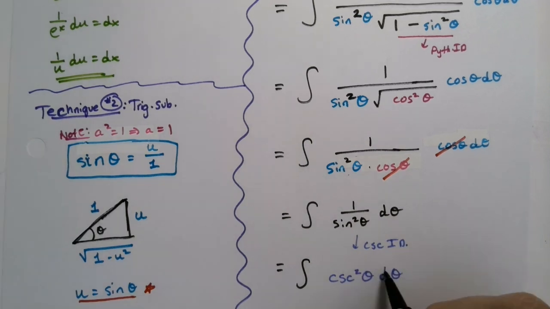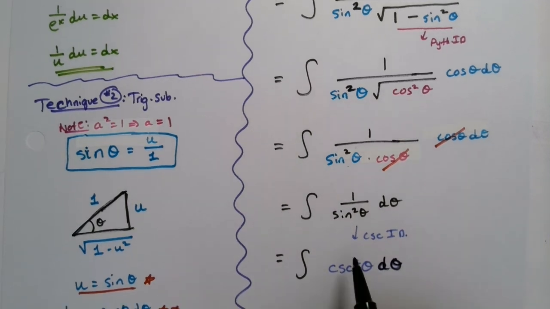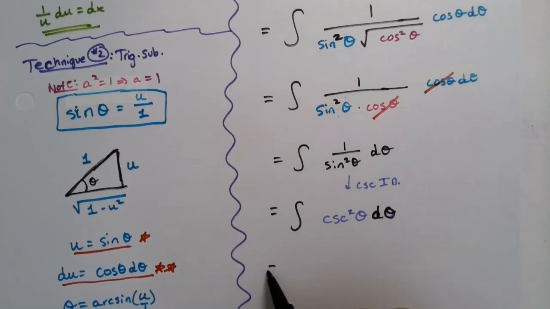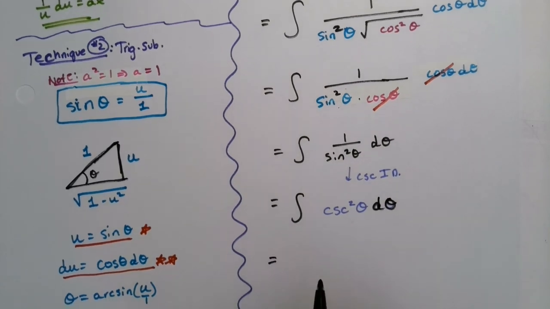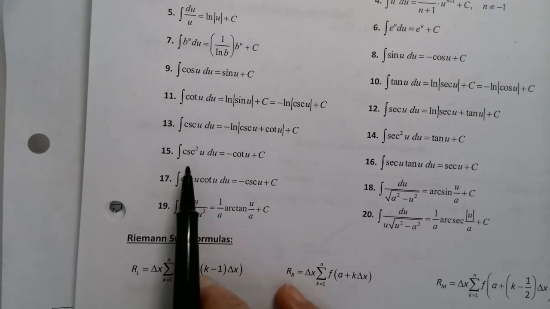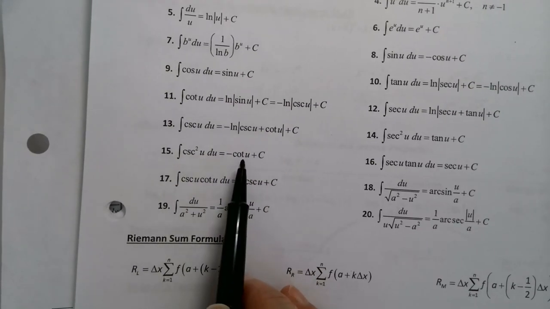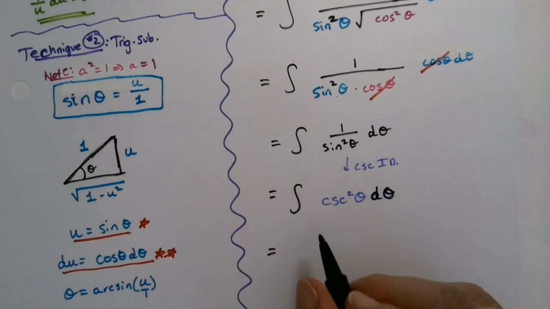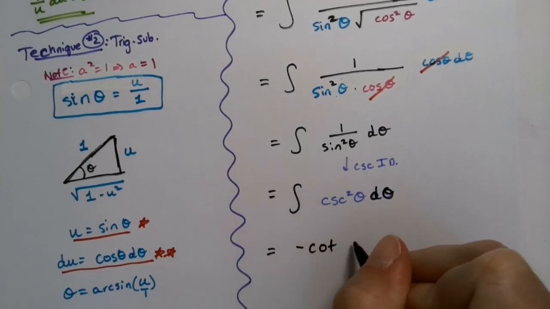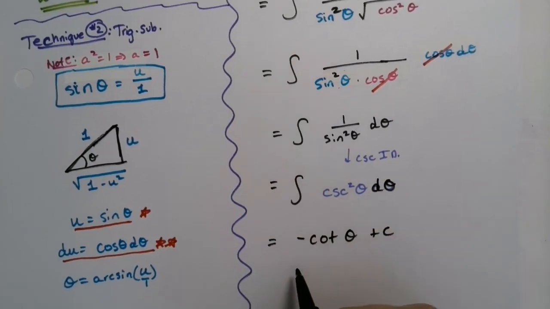Right? And then the integral of cosecant squared, that should be setting off bells because we know that from our quick reference sheet. The integral of cosecant squared is negative cotangent. So this would be negative cotangent of theta plus c.